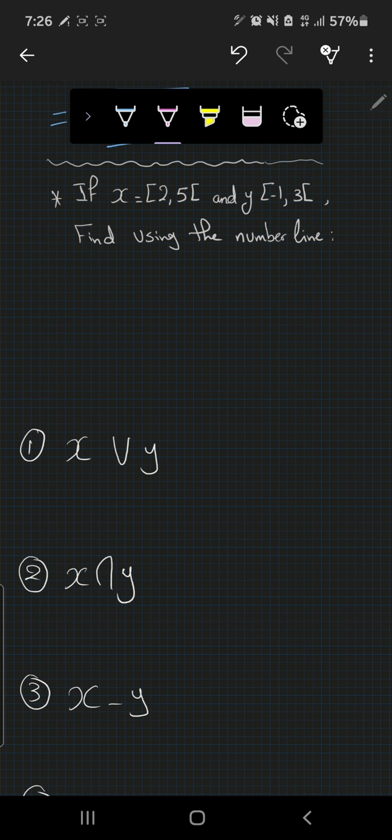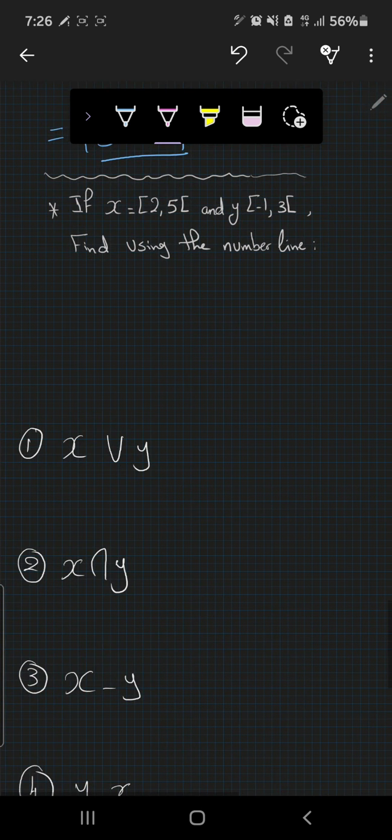Okay, finally, if x equals closed 2 and open 5, y equals closed negative 1 and 3 open. Find using the number line. First, draw the number line. Okay, number line.